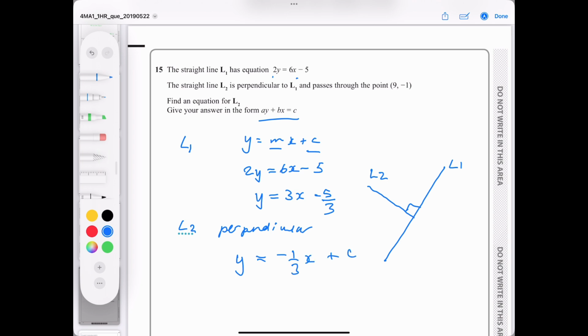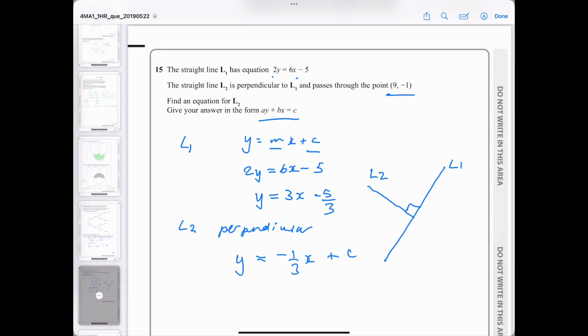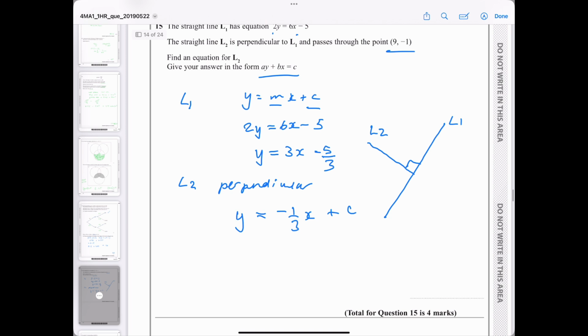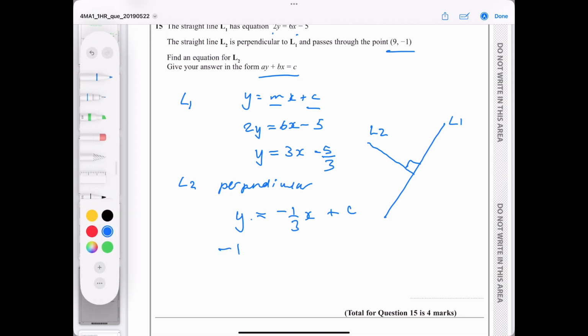Now, in order to find c, we're going to have to put in the 9 and the minus 1. So minus 1, which is the y, equals minus 1/3 times 9 plus c. So that's minus 1 equals, 9 over 3, that's minus 3, plus c. So add 3 to both sides and we get 2 equals c.